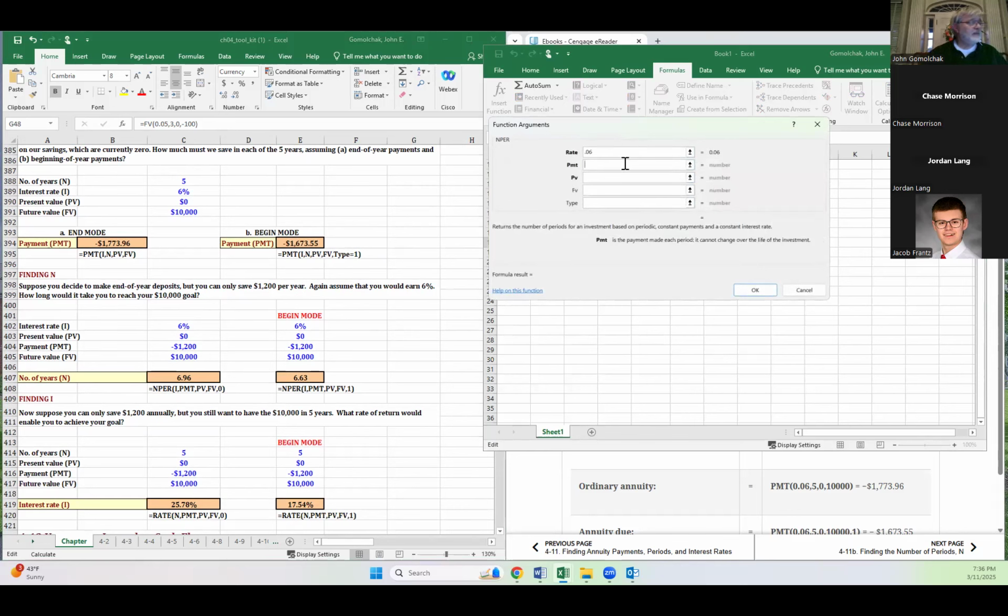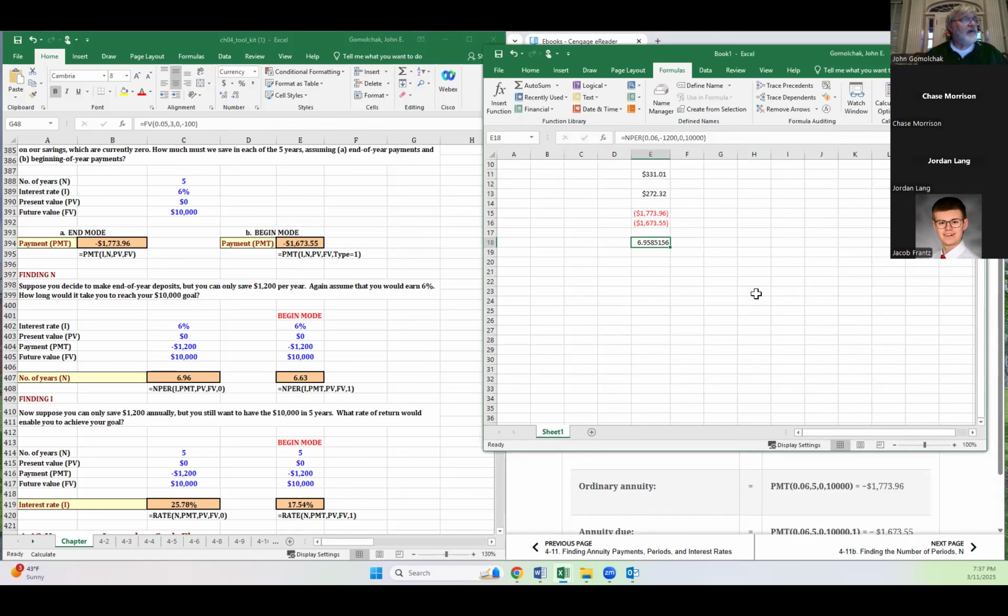Payment, we're going to make $1,200 year payments. Present value is going to be 0 because we don't have anything to start with. Future value, $10,000. Once again, if we leave it 0, that means we're doing it at the end of the period. 6.958, so 6.96. So we would need almost 7 years to make that work.